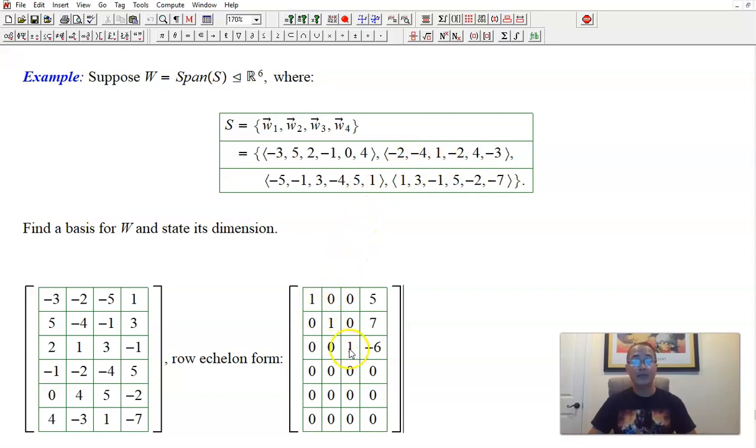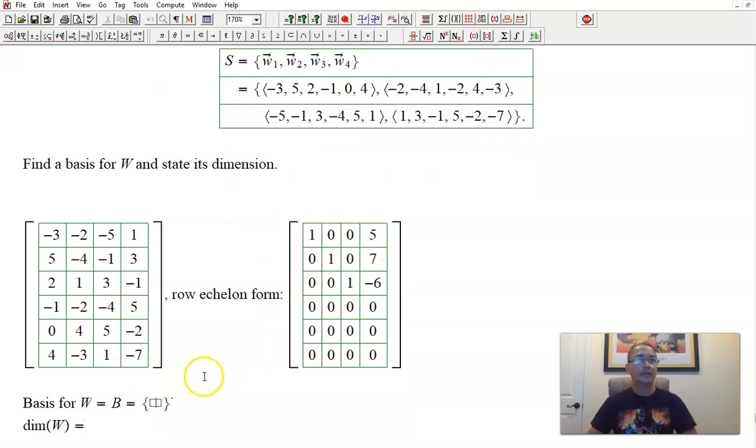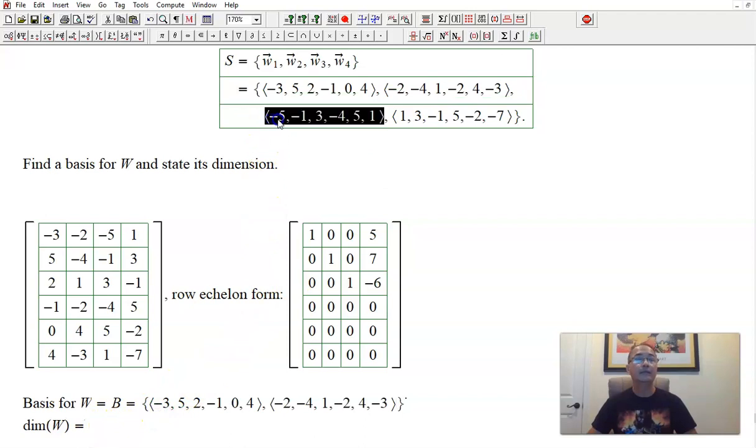Since we have 3 leading ones, we also have a 3-dimensional subspace. Okay, so let's write down our answer over here. We said we need the first 3 vectors. So we have 1, 2, and 3. So that is our basis for W. And since we have 3 vectors, the dimension of W has to be 3.